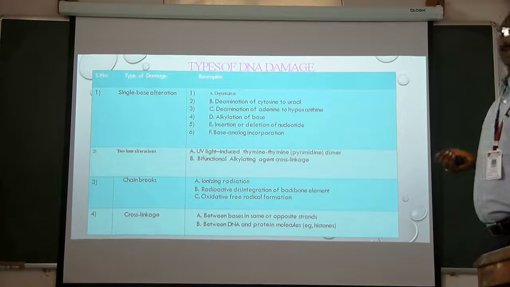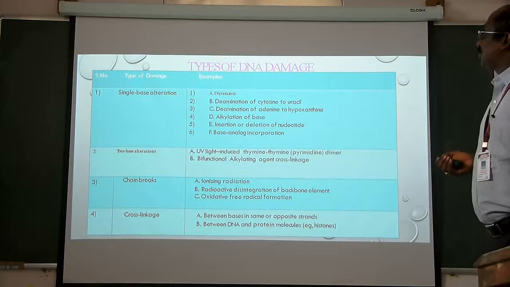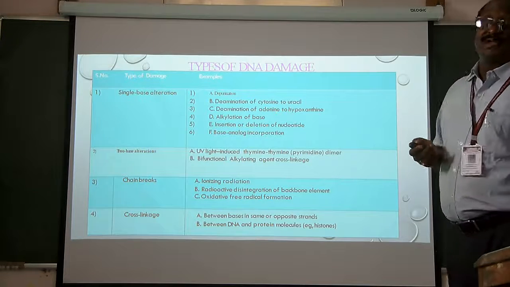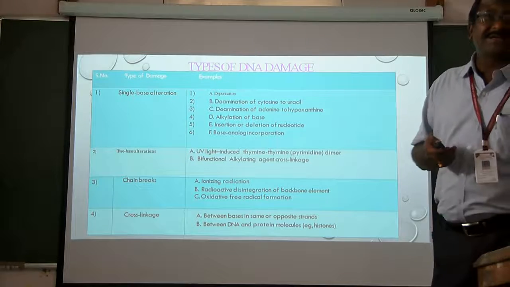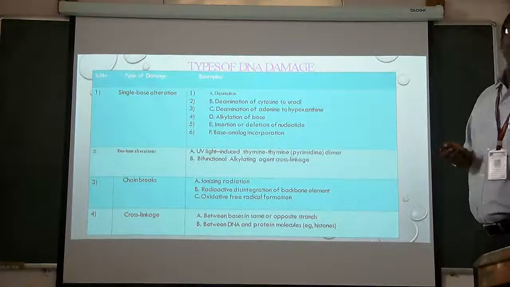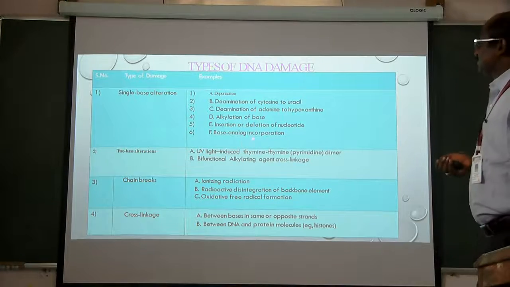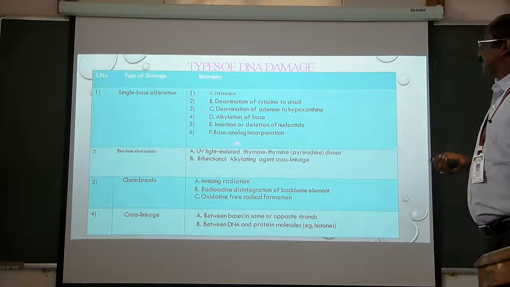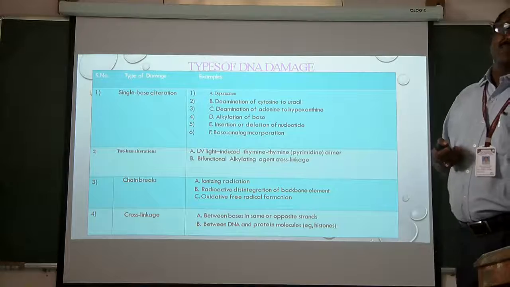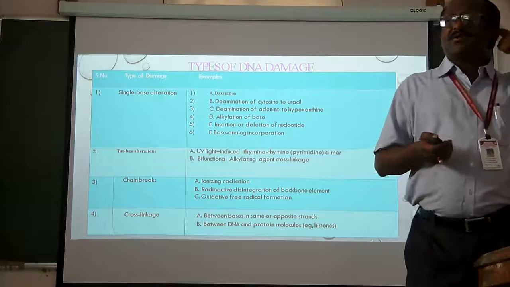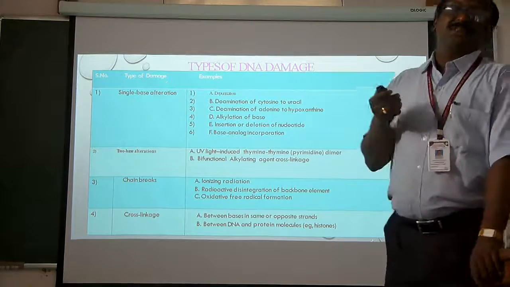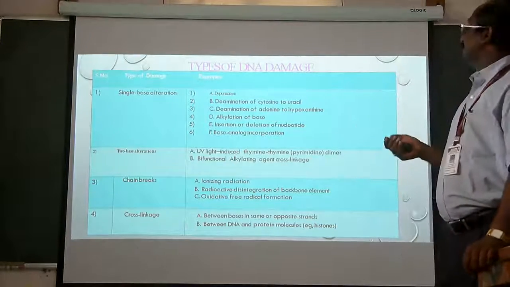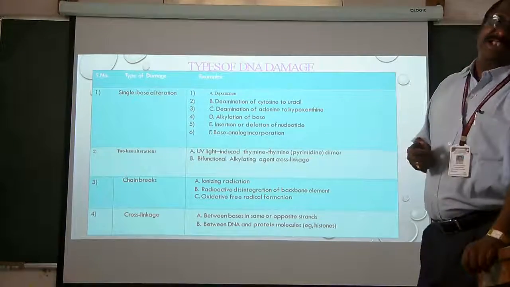It is depurination, the deamination of cytosine to uracil, the deamination of adenine to hypoxanthine, the alkylation of bases, the insertion or deletion of nucleotides, and base analog incorporation, which may also be part of the single base alterations. This is a type of damage to the DNA. The next is two base alterations.